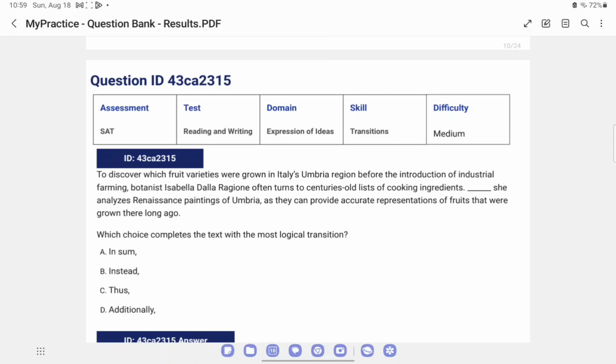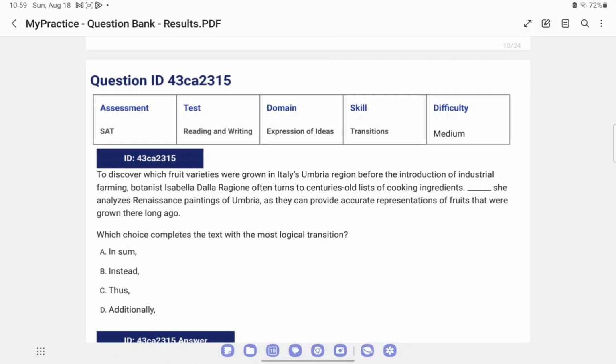B, I don't think it's instead. Just listen to the sentence with instead. To discover which fruit varieties were grown in Italy's Umbria before the introduction of industrial farming, botanist often turns to centuries-old lists of cooking ingredients.